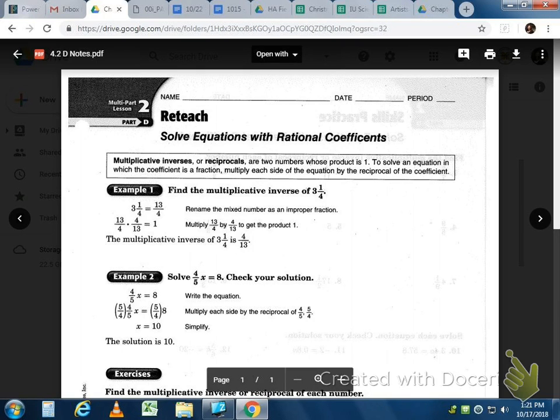First of all, multiplicative inverses or reciprocals. I'm going to do a simple one first. They started right off the bat with a mixed number. But if I had 2/3, the reciprocal or multiplicative inverse would be 3/2.